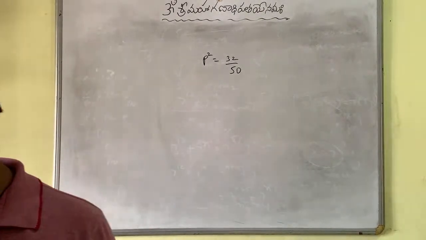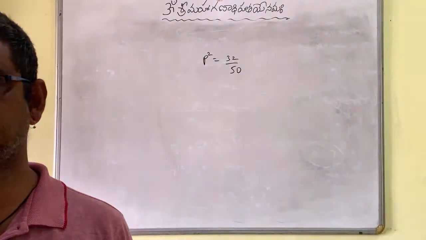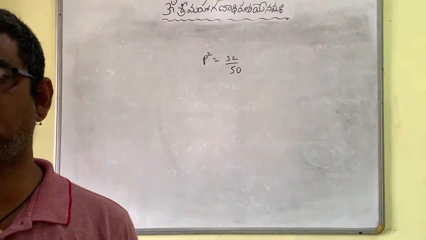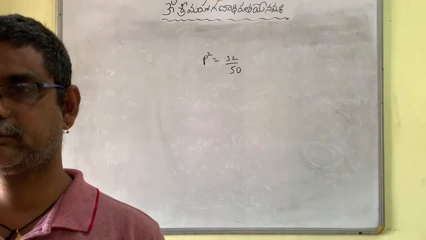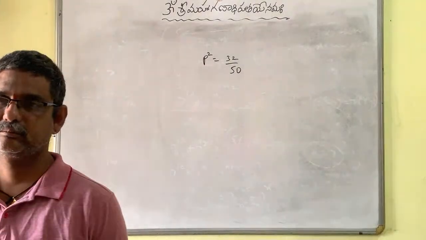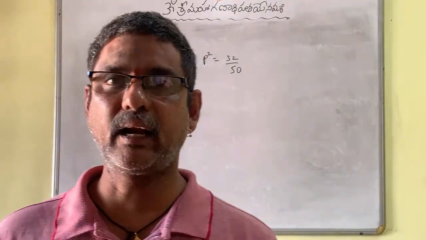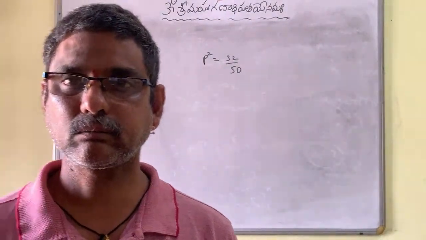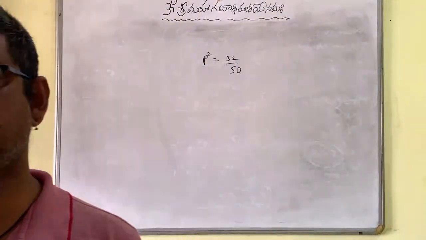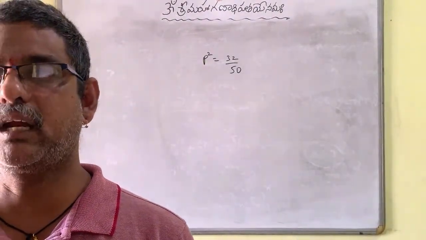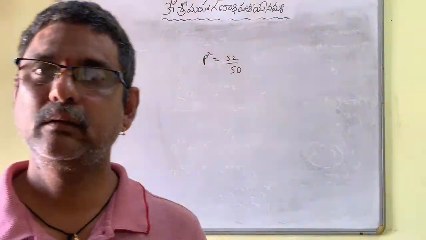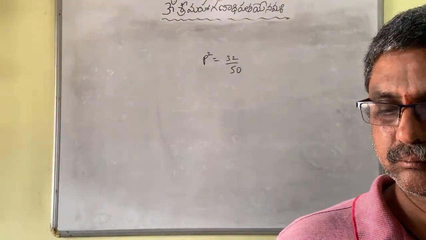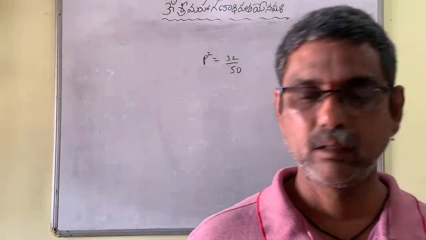Is P irrational or rational? Answer is a rational number. Option C is correct.